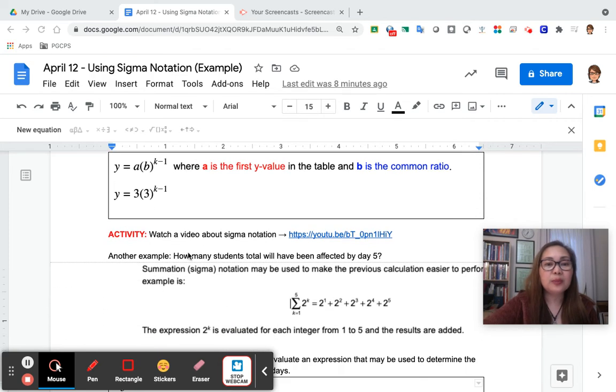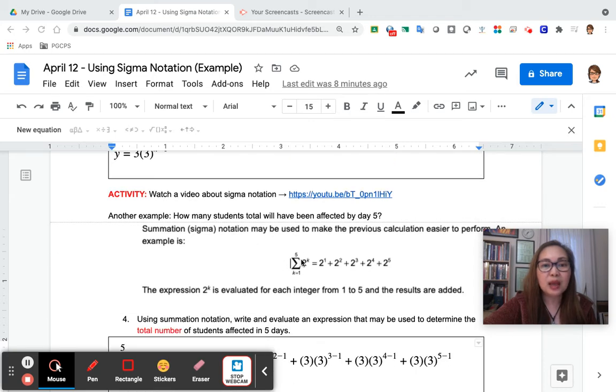And at this point, you will be watching a video to have a better understanding of how sigma notation is being used. Here's an example. This is how sigma notation looks like. There's a big Greek letter sigma, and for example, you start from day 1, you end your computation for day 5, so you're going to have 1 to 5.